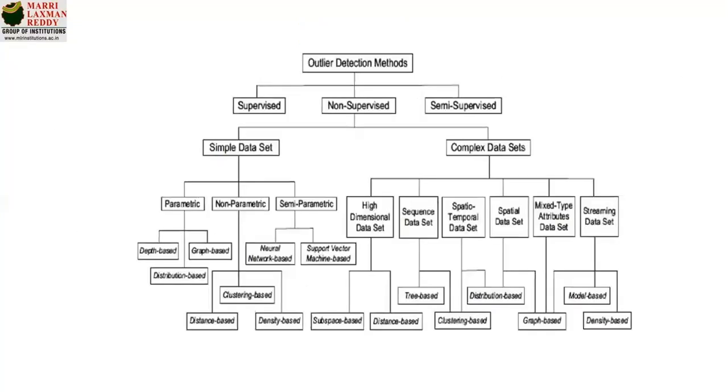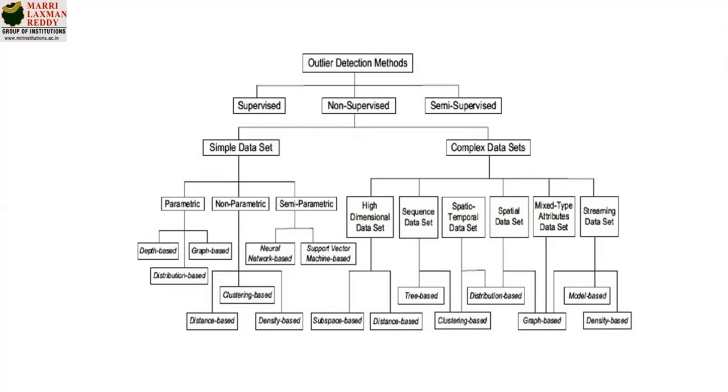Now we have some outlier detection methods for unsupervised data. For supervised and semi-supervised data, that is a different approach, and we will discuss unsupervised outlier detection methods. In unsupervised, which is also called non-supervised, you have two different data sets, and for these two different data sets we have different outlier detection methods.